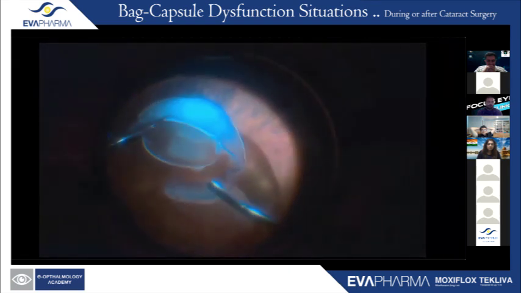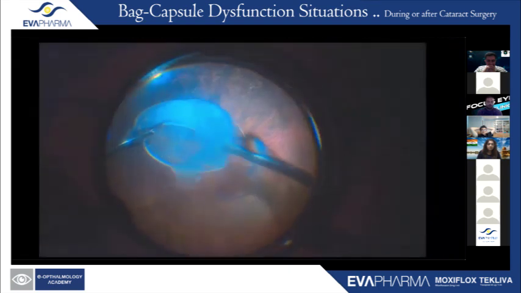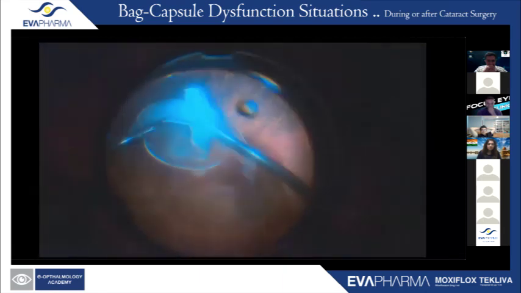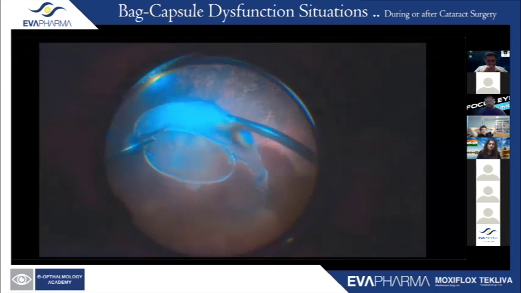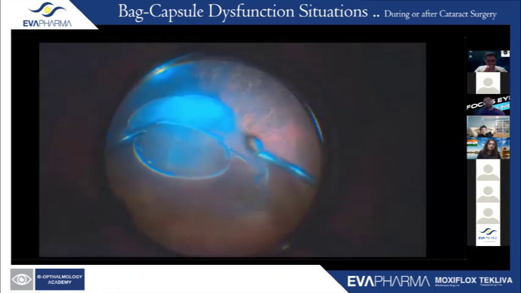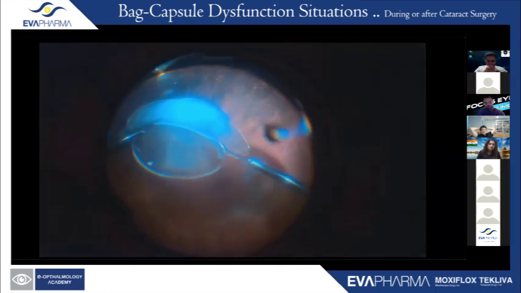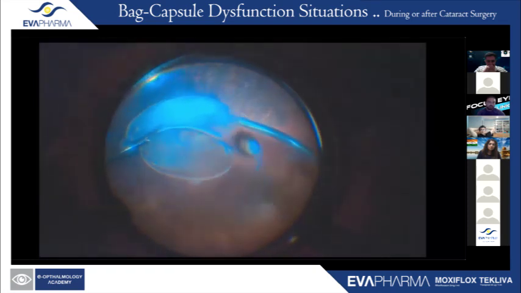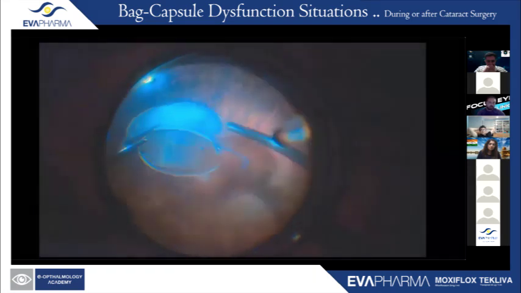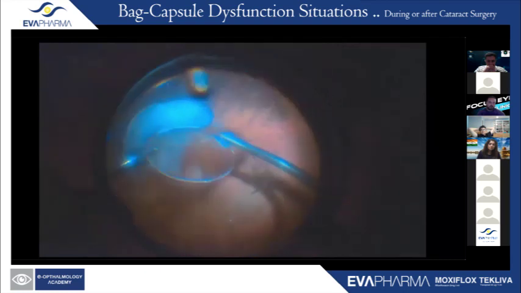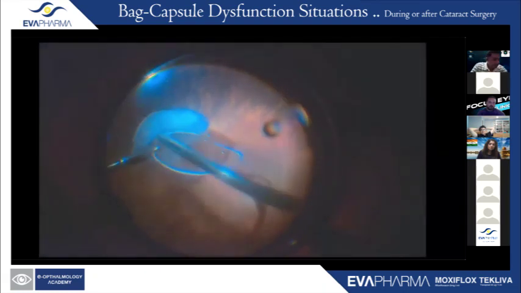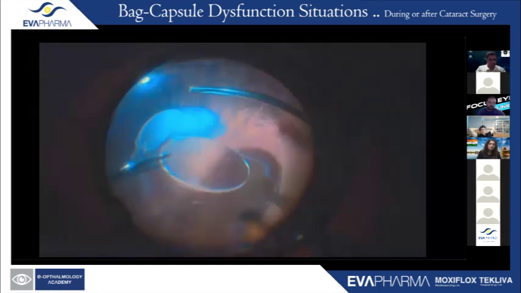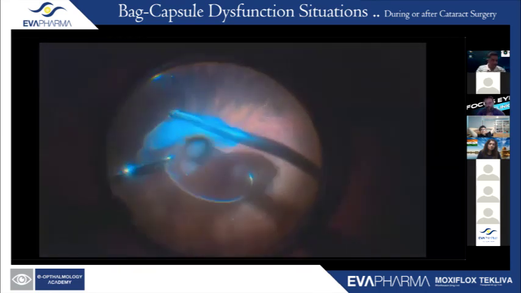So probably here a Yamane technique wouldn't be the best choice, despite the lens being 3-piece, because by the look, I can guess it is MA60, and these are PMMA haptics and can easily break or disengage from the optic. And my choice of fixation here after cleaning the lens would be iris fixation.